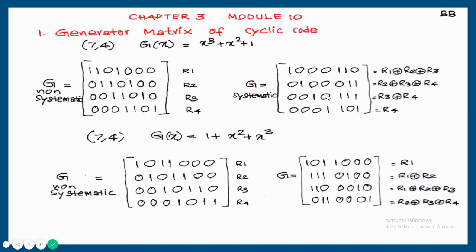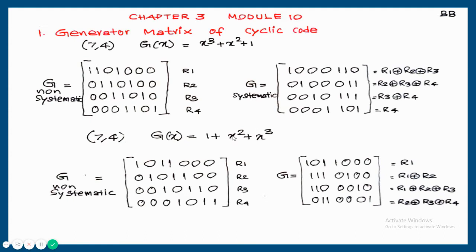The third row is the systematic cyclic code of 0, 0, 1, 0. And the last row is the systematic cyclic code of 0, 0, 0, 1. So that way also this answer can be obtained. So there are two methods. First, calculate the non-systematic generator matrix and then convert it into systematic. Second, without this generator matrix, the matrix can be obtained by calculating systematic cyclic codes.